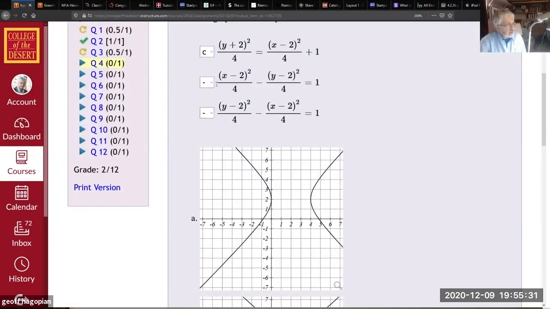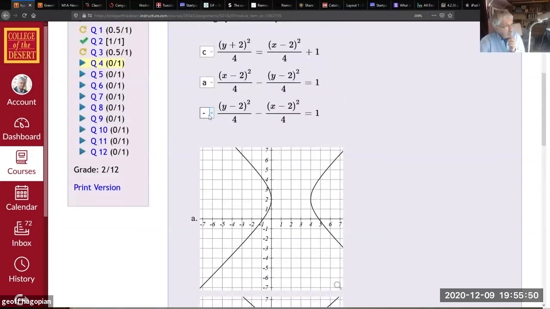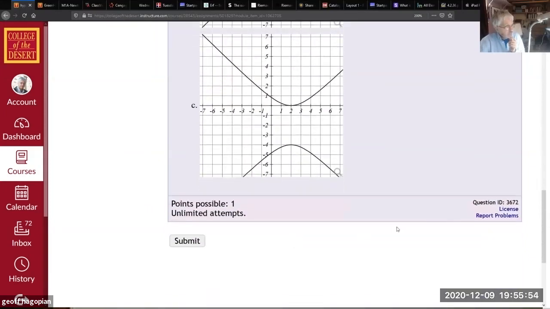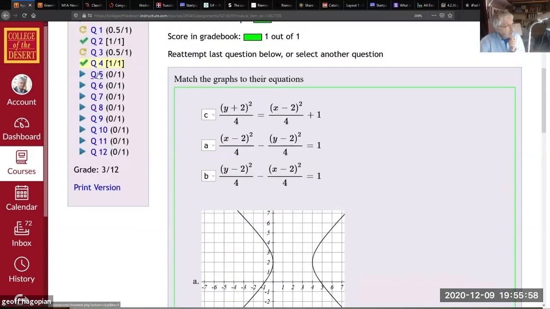That's A. And so this one must be B. Oh, wait. Oh, I see. There are 2 of them that are centered there. One has the vertices horizontal. That's A. And this one, the vertices are vertical, right? So that is B. I got lucky. All right. Green checks the whole way.